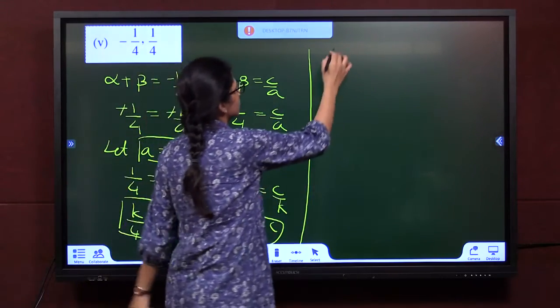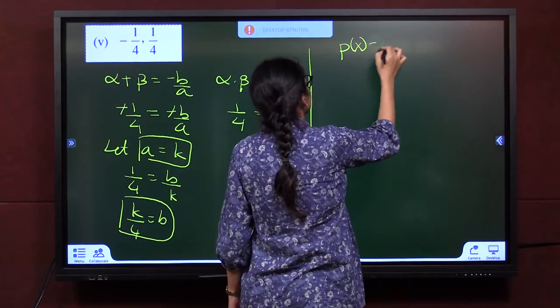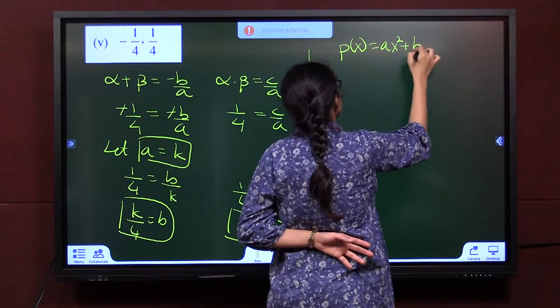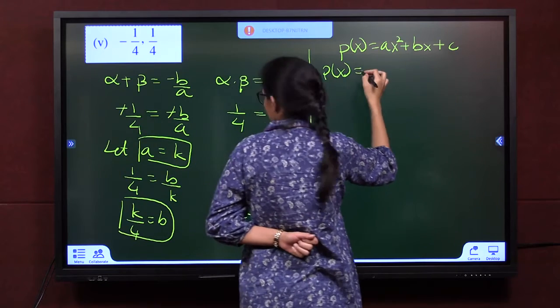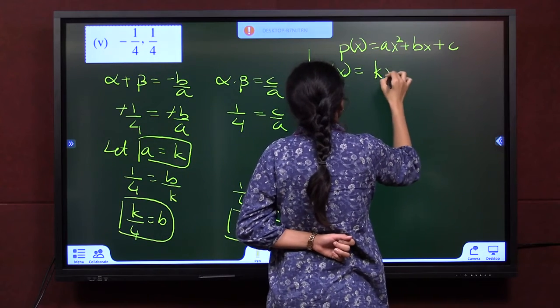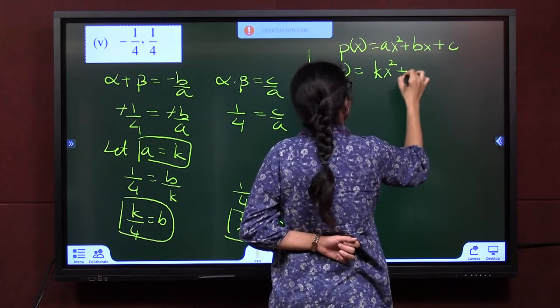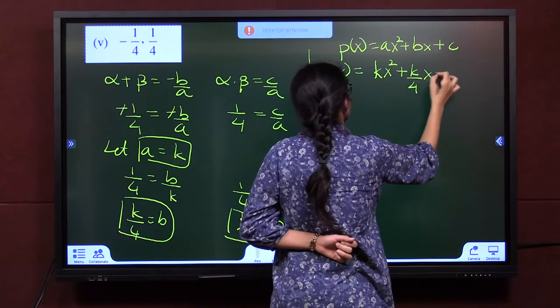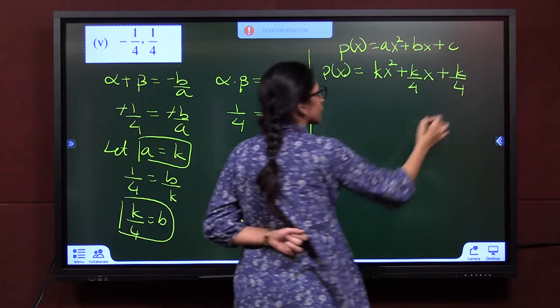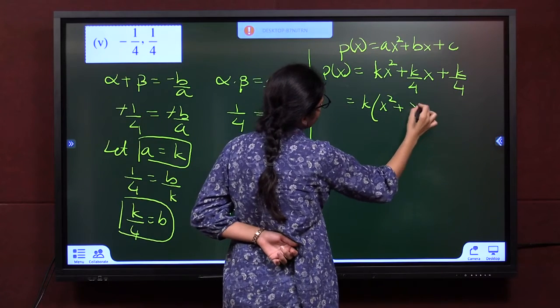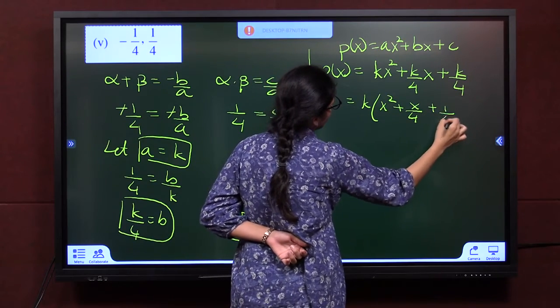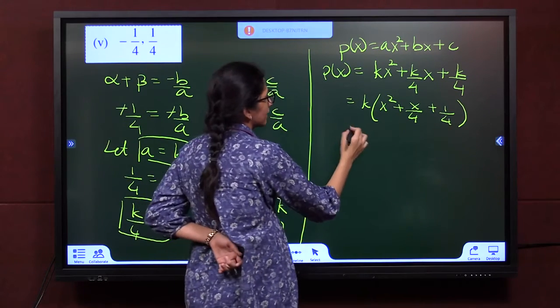Take the general form of the quadratic equation. P of x is equal to ax square plus bx plus c. So substitute now. What is a? K. Kx square. What is b? K by 4. C also k by 4. Take k out. K into x square plus x by 4 plus 1 by 4. Take the LCM.